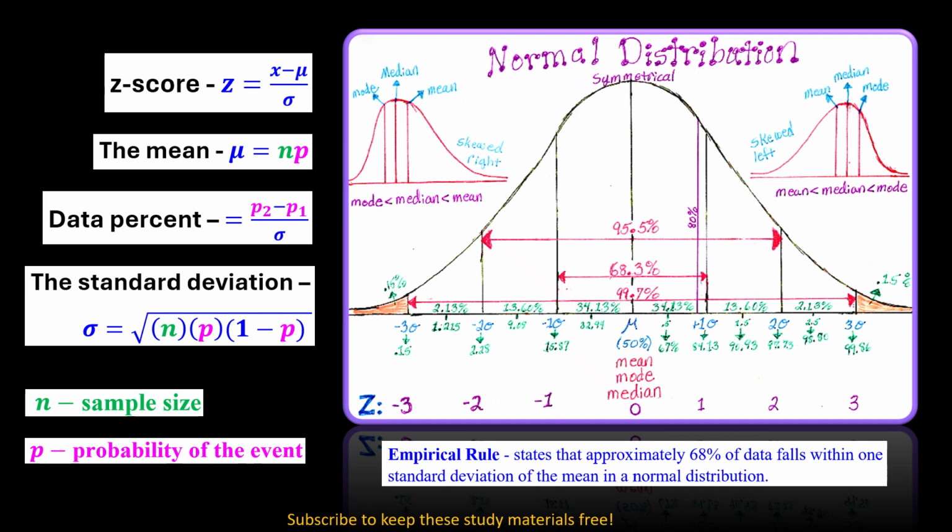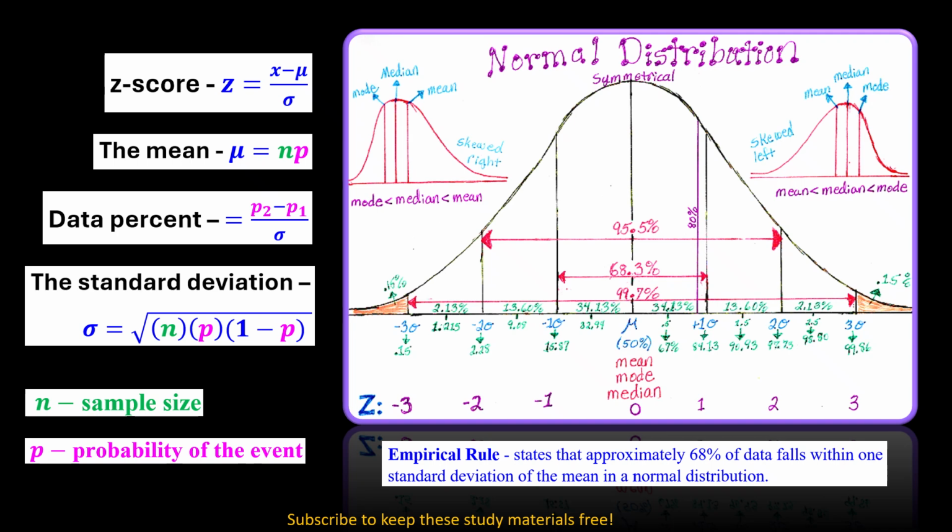Now, for our testing points, there are a few things that you need to know out of this picture, as well as the empirical rule. When we discuss the empirical rule, we're talking about 68% of the data falling within one standard deviation of the mean of a normal distribution. That's our image.